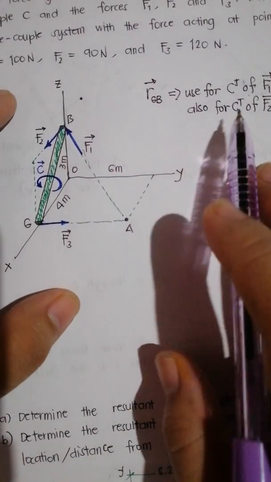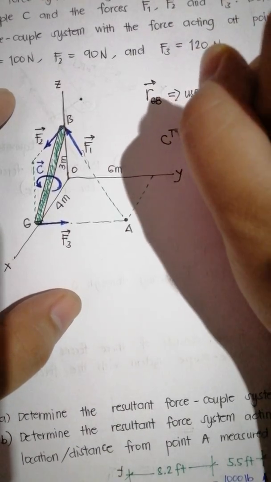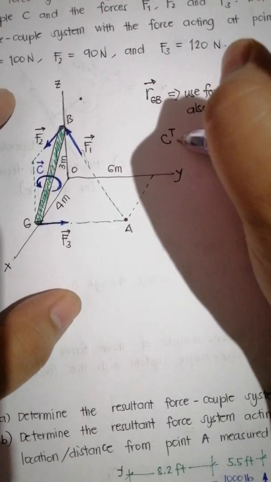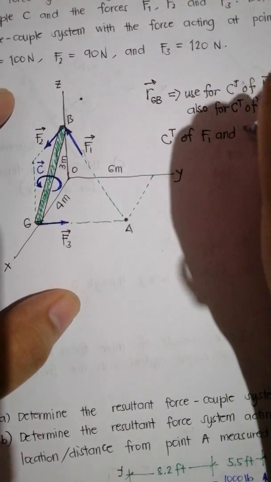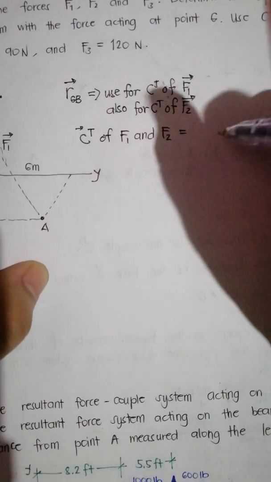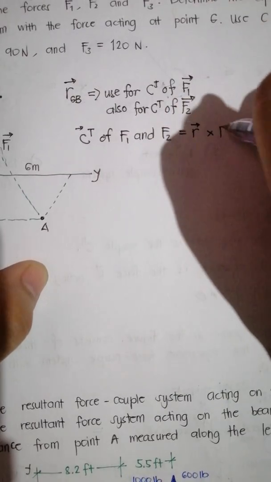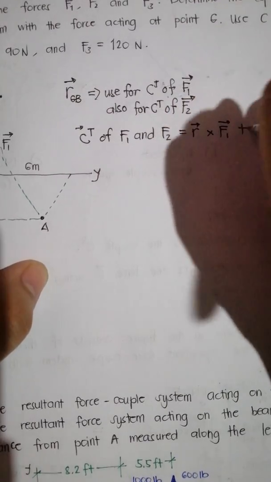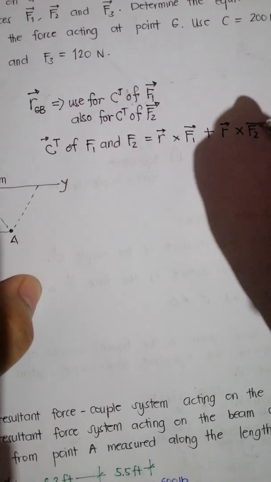So with this, we'll have the couple of transfer of force 1 and force 2. Okay, we'll have r cross F1 plus r cross F2.